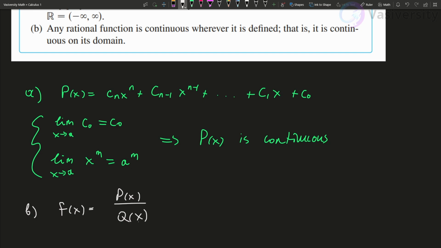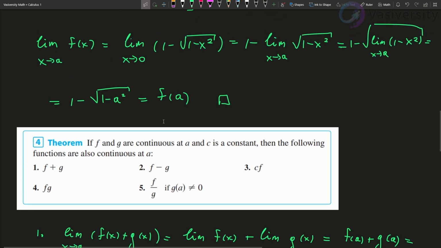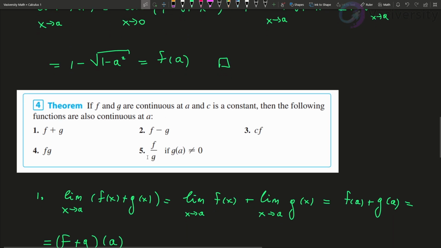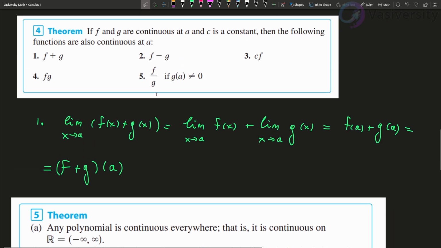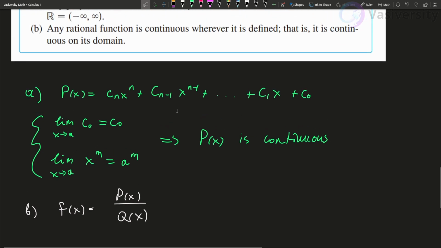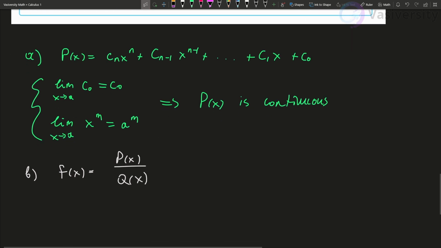Both of them are polynomials, and we know that p is continuous everywhere and q is continuous, so by the previous theorem, theorem 4, we will be able to say that this is true, therefore continuous. And it's going to be continuous on the domain, wherever the restriction is.